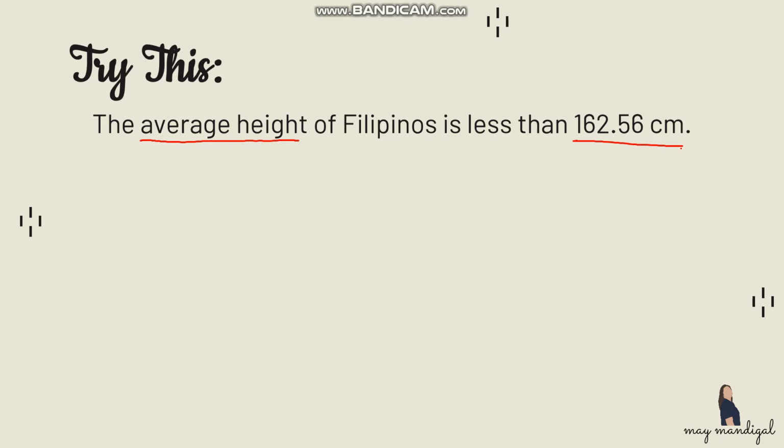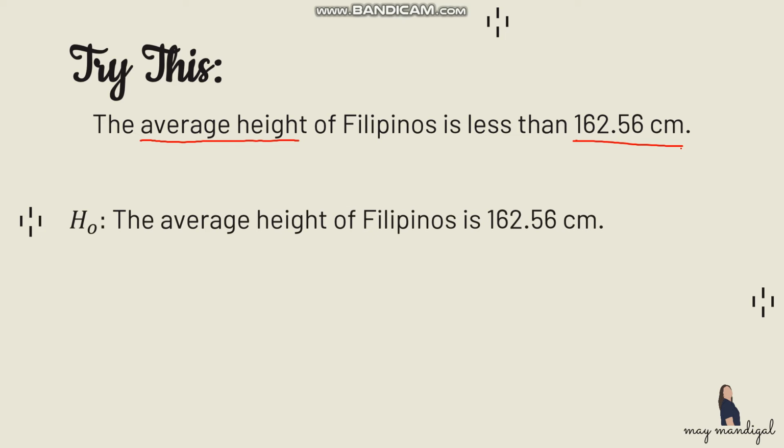To write our null hypothesis, it should be like this: the average height of Filipinos is 162.56, because again, for the null hypothesis, we assume that our population parameter is just the same as our hypothesized value. So there is no difference at all, or they are just equal to one another. In symbols, we write this as the mean height is equal to 162.56. So that is for our null hypothesis.